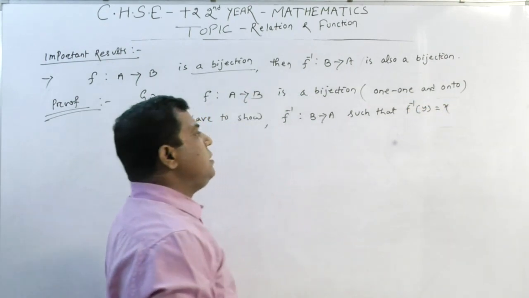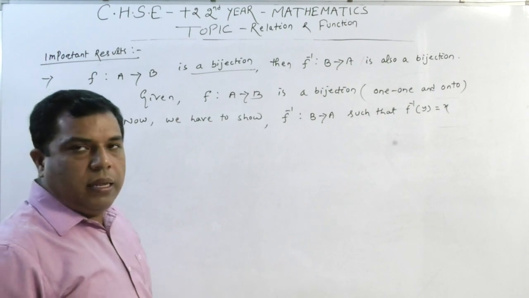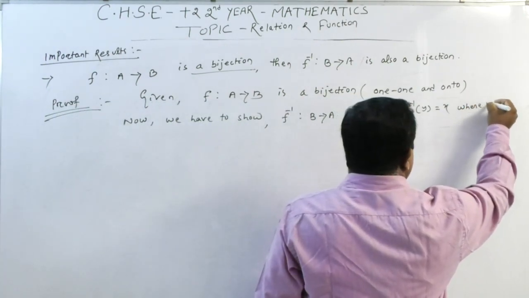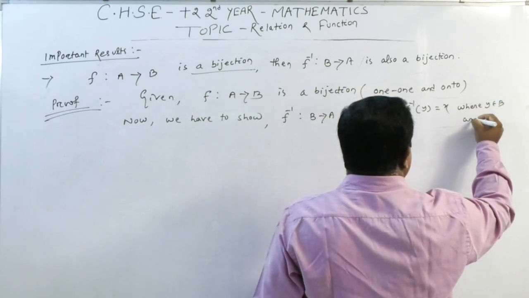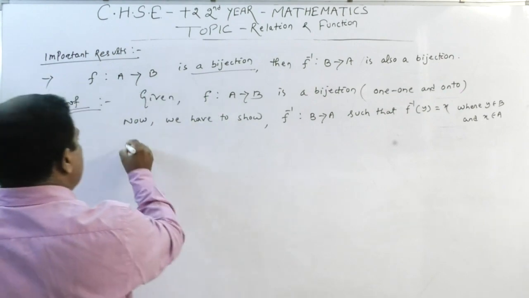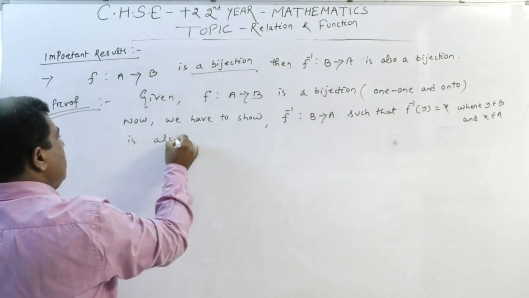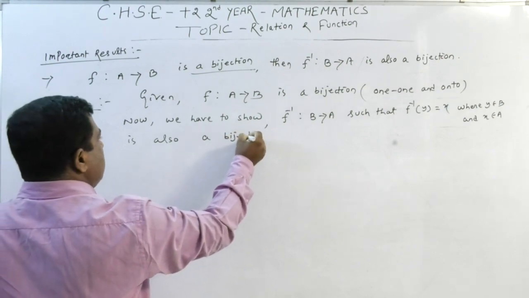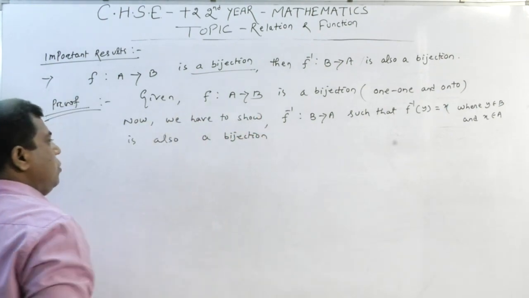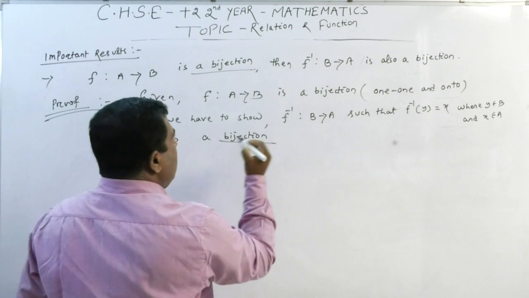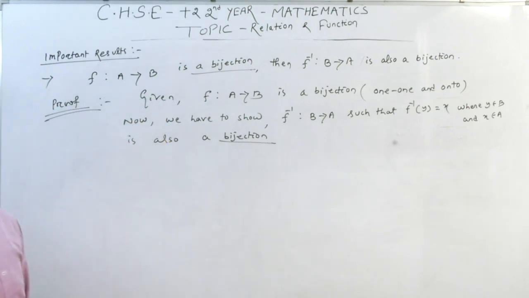So if f inverse of y is x, where y belongs to B and x belongs to A, then f inverse is also a bijection. To show it is a bijection, we have to show it through its properties, that it is one-one and it is onto.